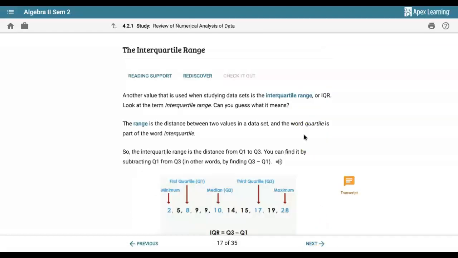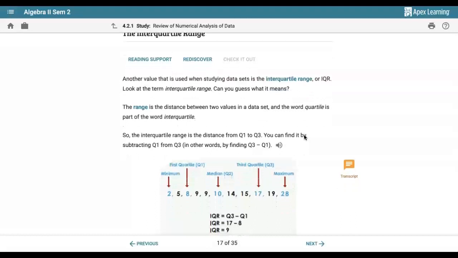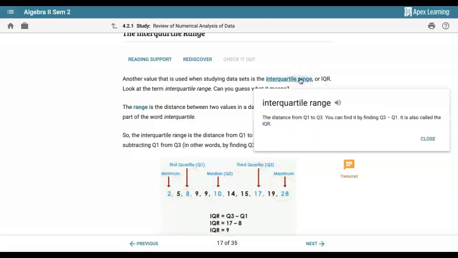Okay. So then we can look at this thing called the interquartile range. Again, our range is talking about a set of data. So if we're looking at interquartile, it's the distance from Q1 to Q3, all right?